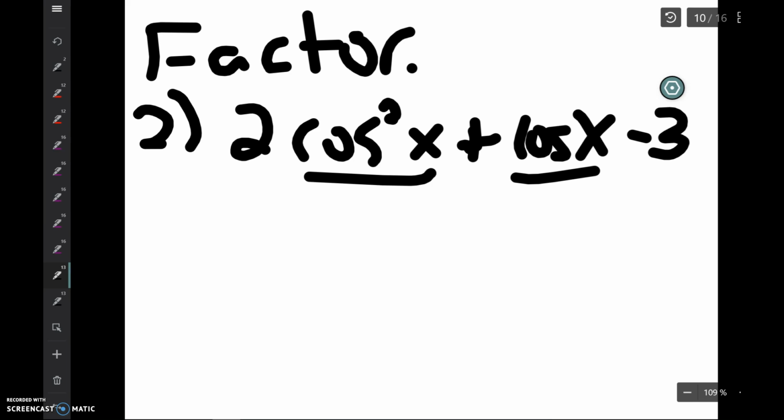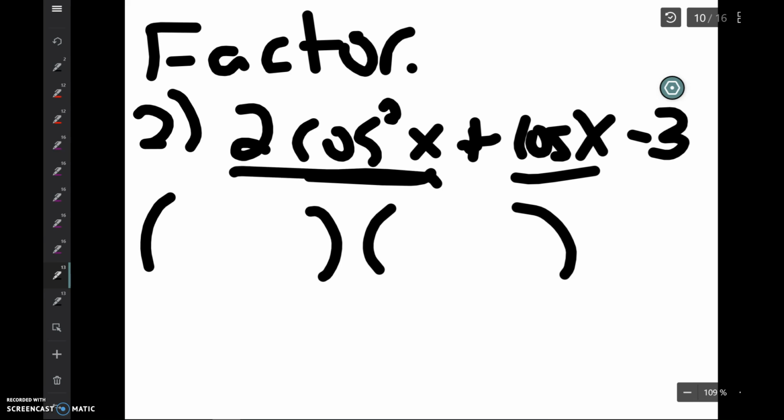So you really have a quadratic equation. And so we can factor quadratics by trying to get that first term. So we try to get 2 cosine squared x, and we can do that by writing 2 cosine x. I'm not going to have enough room, so let me fix that.